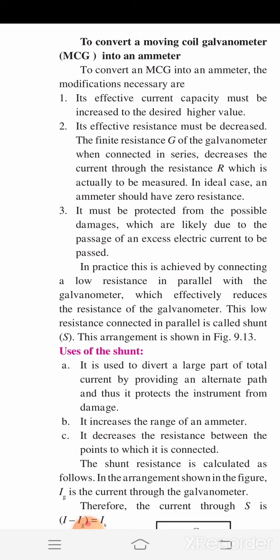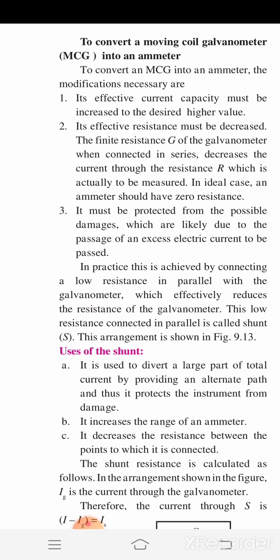When a low resistance is connected in parallel with the galvanometer, this arrangement is known as shunt, and this effectively reduces the resistance. That's why the galvanometer is used as an ammeter, which is a current measuring instrument.